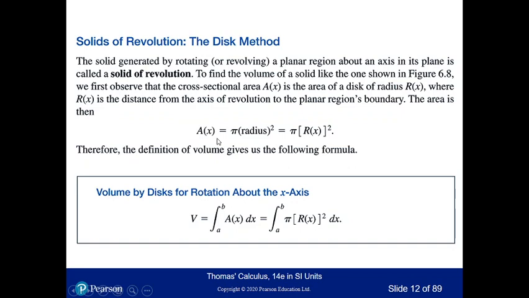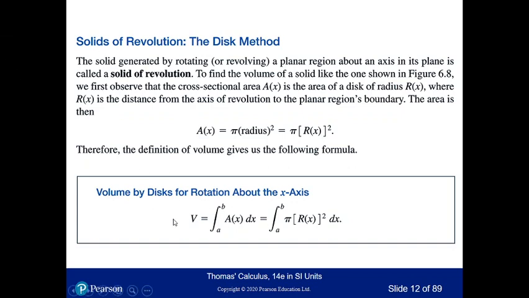When you do a solid of revolution, since you are revolving a region around an axis, it could be the x-axis, y-axis, z-axis, whatever, you're going to get the cross-sectional area as a disk, and then it's easy to find the area of that cross-sectional region, and then A of x becomes pi times r squared. R of x is what we described, and the examples are going to make it a lot clearer.